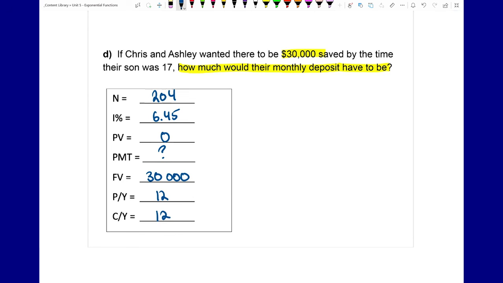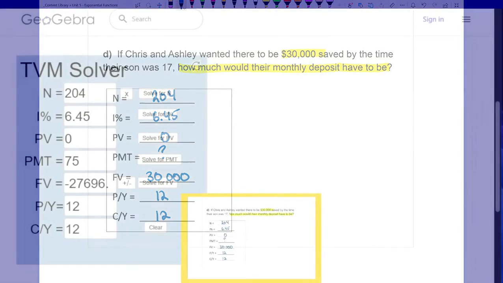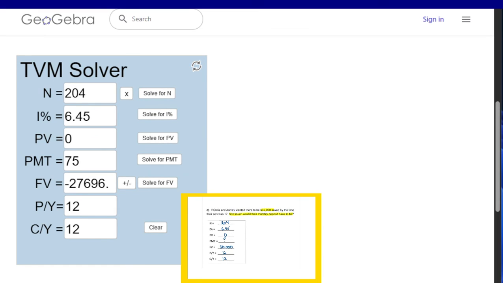So we don't know what the payment is. If we were doing this by hand, it would probably be a lot harder, because we'd have to rearrange and work backwards and do multiple calculations to get the payment. But with the TVM solver, it's really easy.